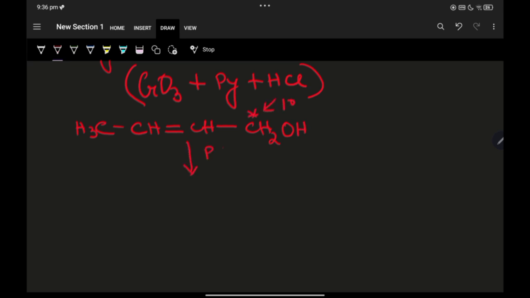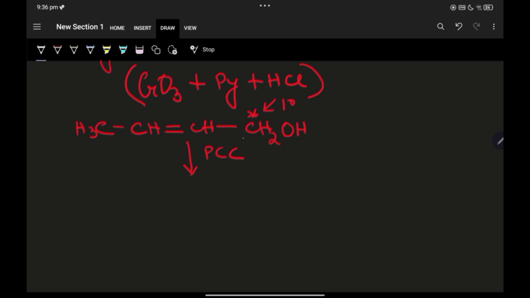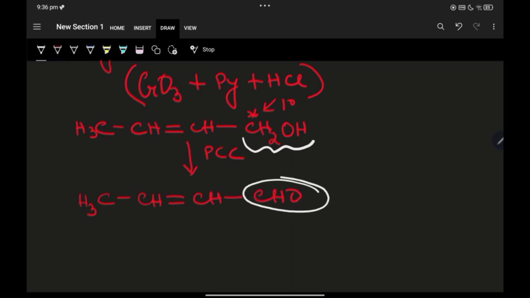When I give PCC, pyridinium chlorochromate, it undergoes controlled oxidation, and controlled oxidation means only this CH2OH will be affected and the rest of the part will remain unaffected. So CH3CH double bonded CH remains unaffected, and CH2OH becomes converted to CHO, the aldehyde functional group.